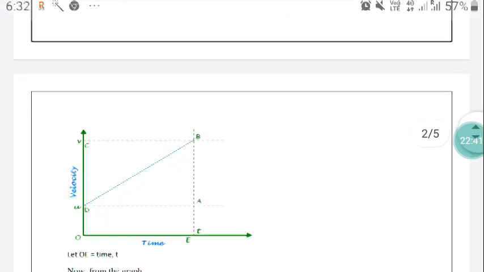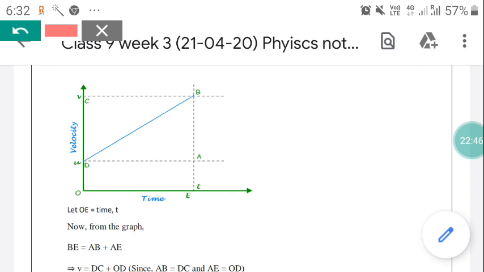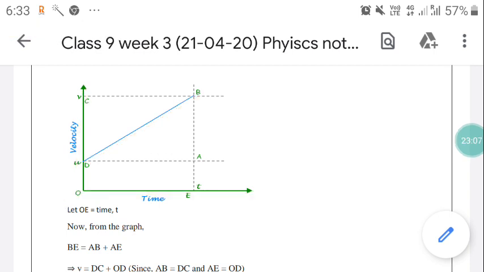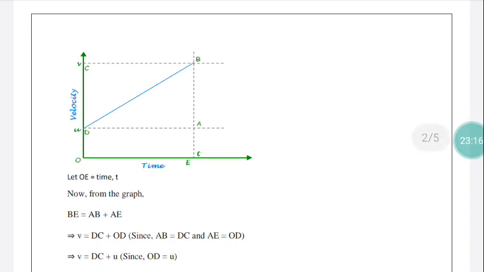Here I have drawn a graph. An object is moving with uniform velocity. So I will take a graph between velocity versus time. Uniform velocity means it will be a straight line. I again repeat, this graph shows that the object is moving with constant velocity v.